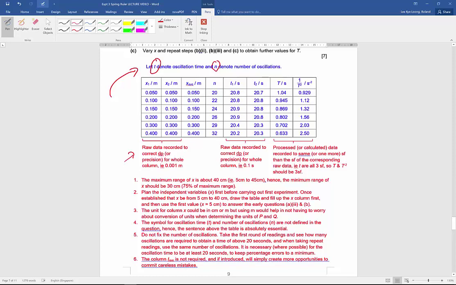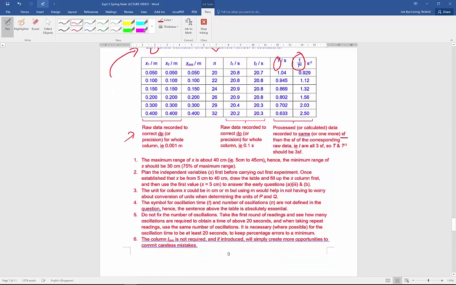T1, T2 is also raw data. Now, T and 1 over T squared are called processed or calculated data, so we look at the SF, not the DP. Everything else, these 6 points are important, so please look through the 6 points.